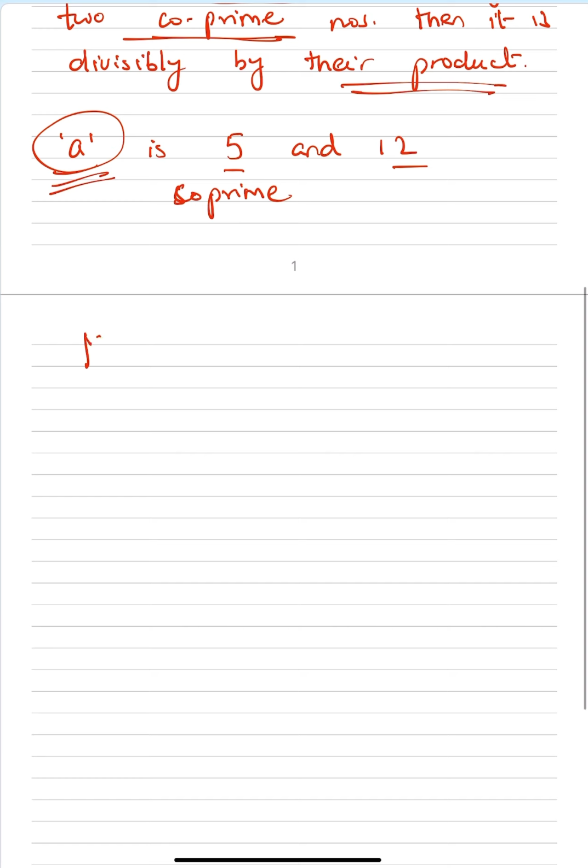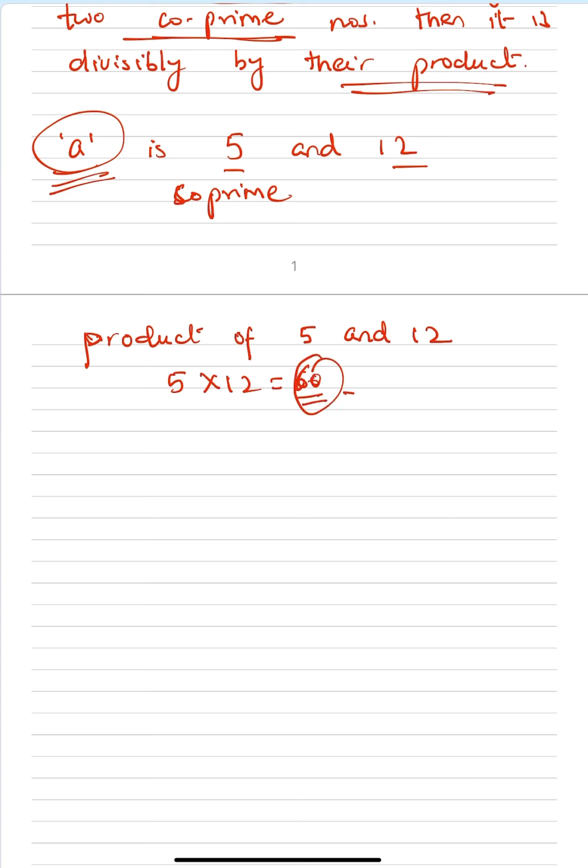So let us write down the product of 5 and 12, that is 5 into 12, which is equal to 60. This 60 is nothing but the number C by which A is divisible. So now we can say that A is divisible by 60 also. This is what the sum is asking from us.